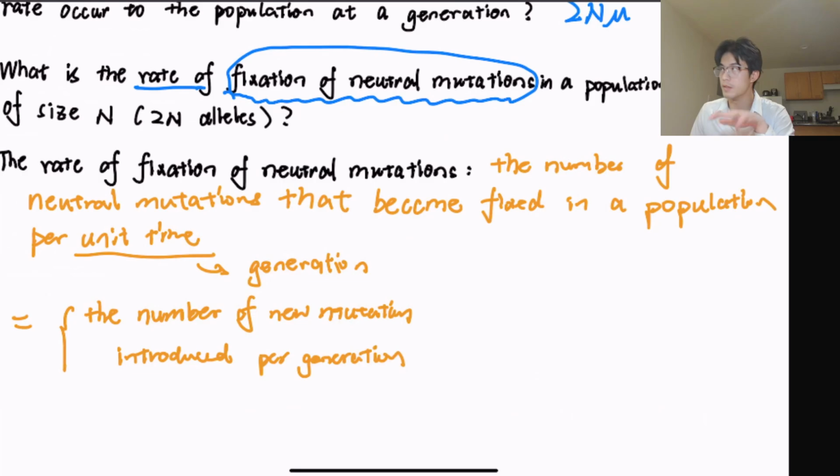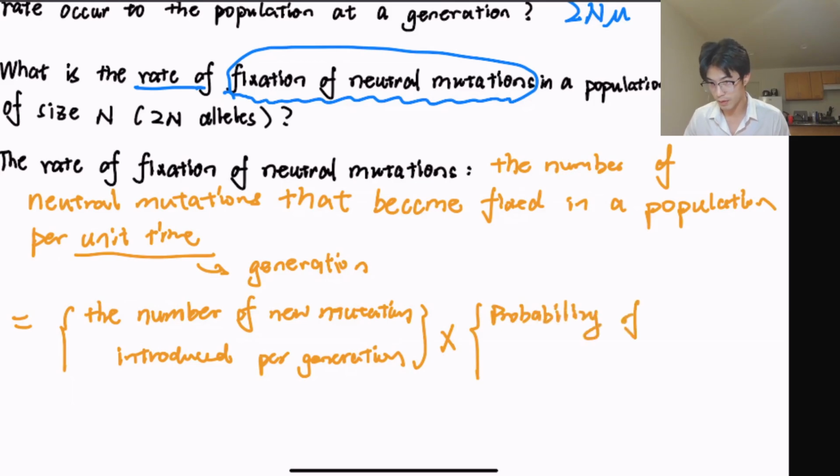Remember, in this setting of the model, we assume all mutations to be neutral in order for the Wright-Fisher model to hold. So we will not keep saying neutral mutation. And just to remind you, a neutral mutation is one that does not change the fitness of a single allele.